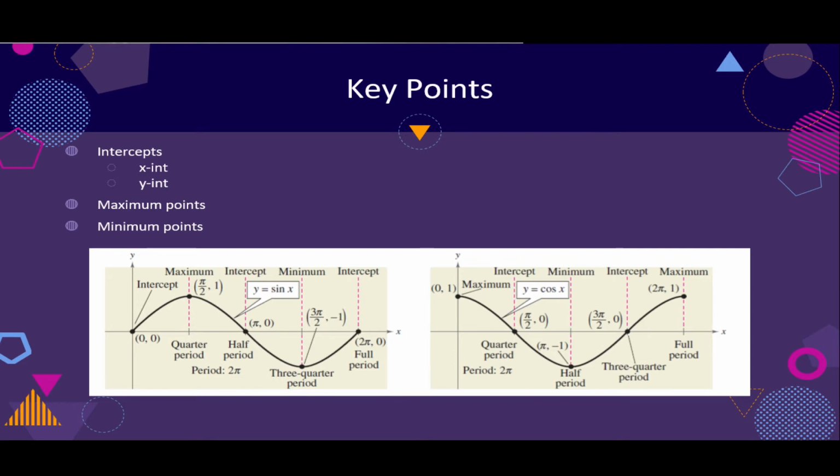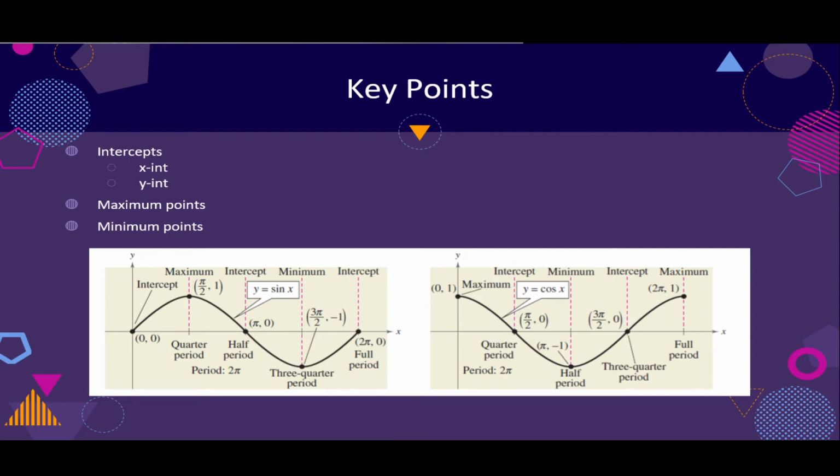The y-intercept, there's only going to be one for each. 0, 0 for sine of x, and 0, 1 for cosine of x. The maximum point is going to also follow our pattern. So for sine, it's going to be pi over 2, 5 pi over 2, 9 pi over 2, or pi over 2, negative 3 pi over 2, negative 7 pi over 2, and so on.